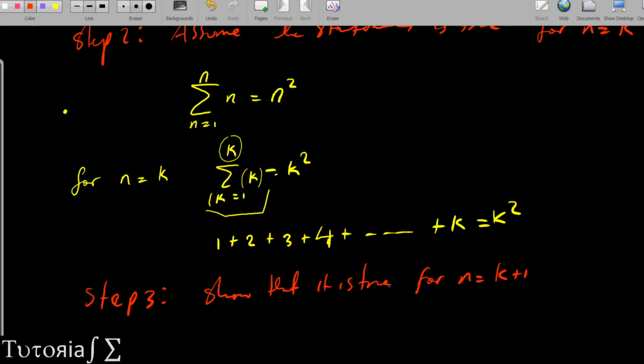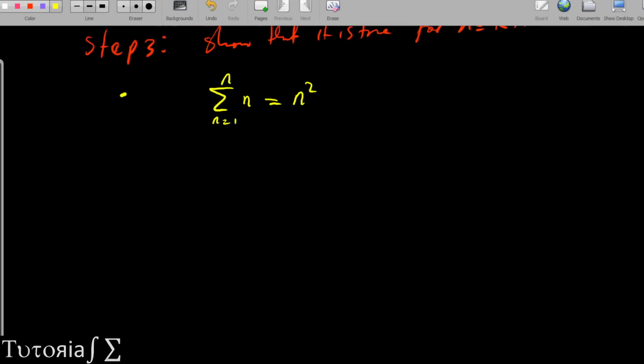Show that it is true for n equals k plus 1. So what you do is you have your original equation, which is the sum from n equals 1 to n, sorry, not to infinity, to n, of n is equal to n squared. Now you're replacing n with k plus 1.